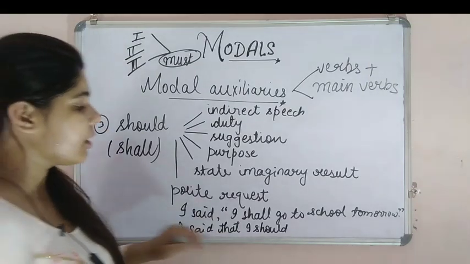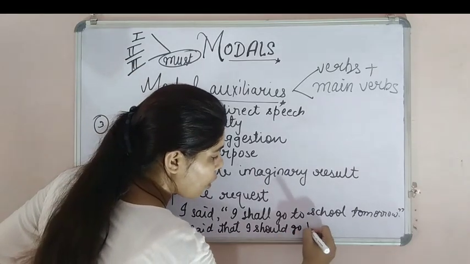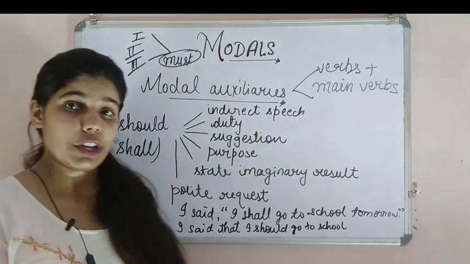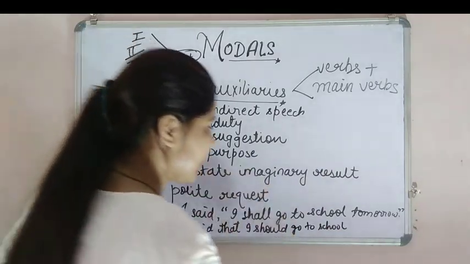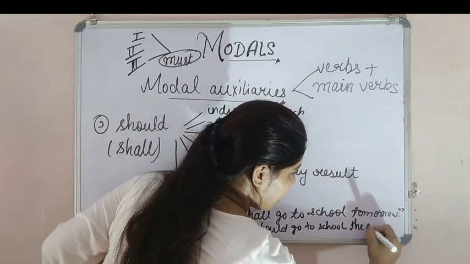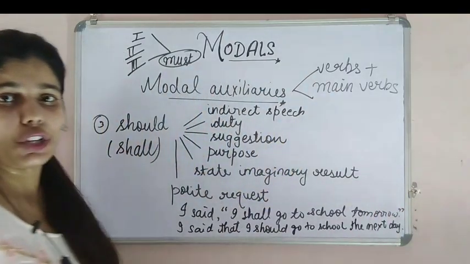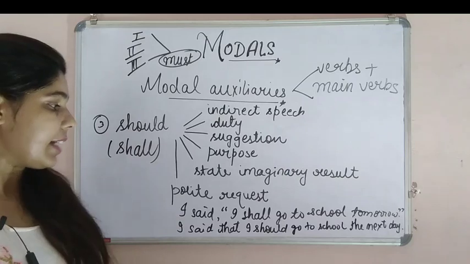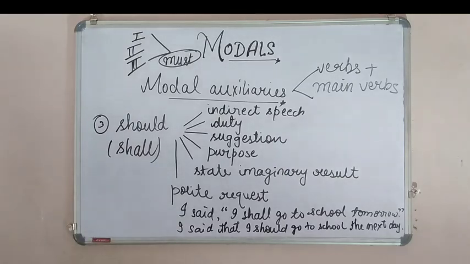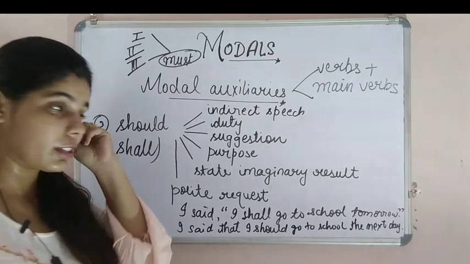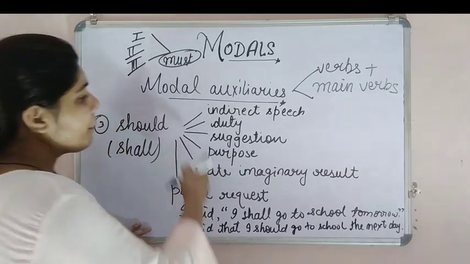I said that I should go to school, and tomorrow will be changed into the next day. The sentence gets changed into indirect speech: I said that I should go to school the next day. So this is where the modal auxiliary should is used.